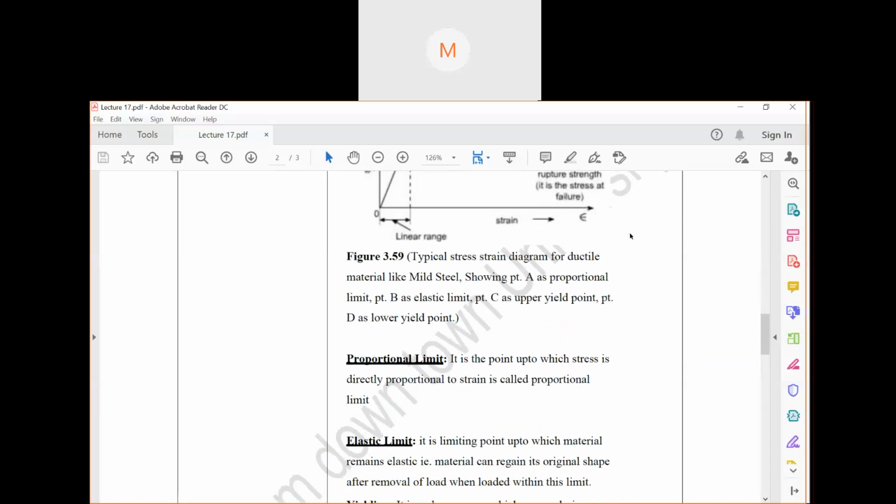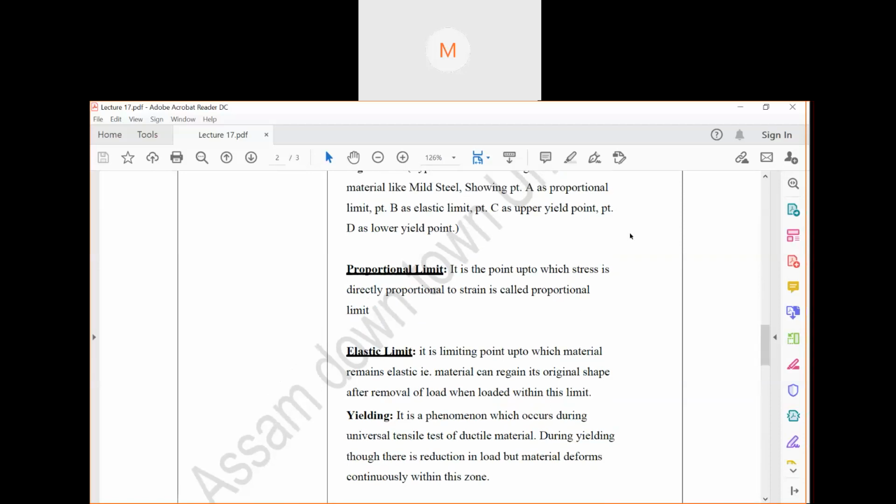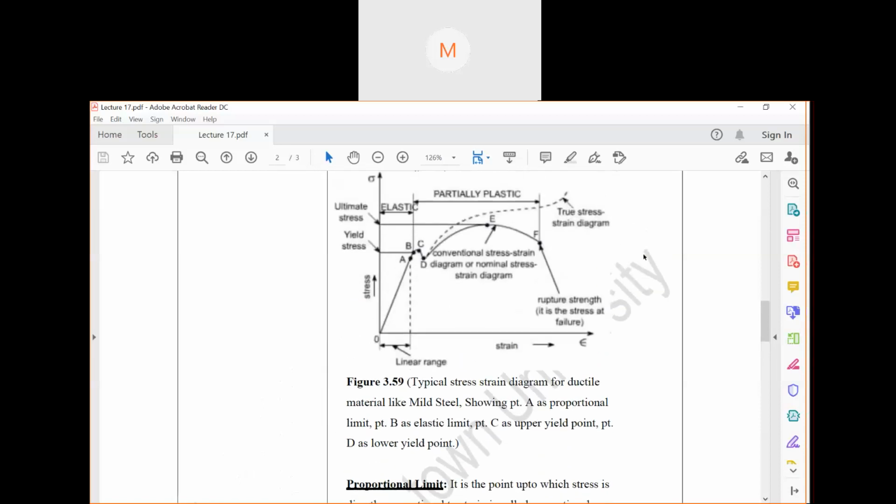Now if you can see here, it is the proportional limit. The first one is what? Proportional limit. Then the second one is called elastic limit. Now the proportional limit is what? If you can see from the diagram, it is a straight line, right?